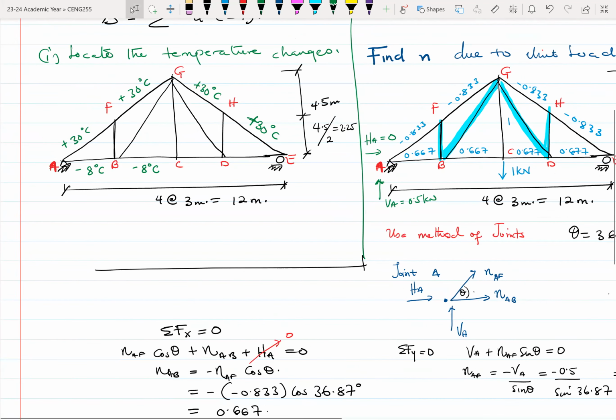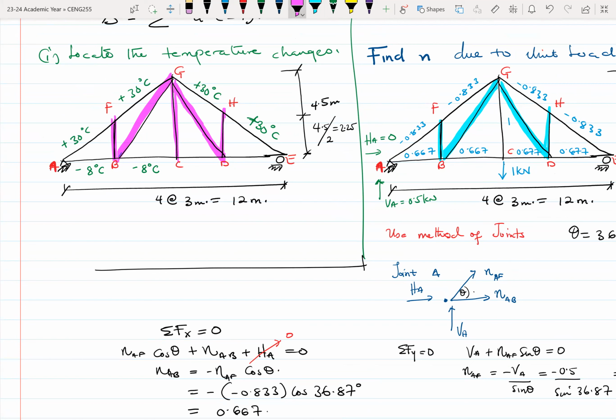When you come to the real object or the real truss, which is experiencing the temperature changes, you would see that these members, member BF, BG, even here, CG, DG, and then DH, they don't have any temperature changes.